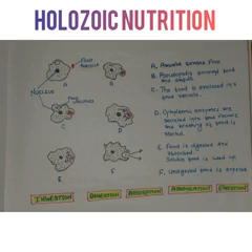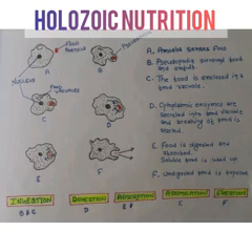Undigested food materials can be harmful for the body, so there is a need to remove these materials from the body. So amoeba finally removes the undigested food from the body. That is called egestion. This is the process of holozoic nutrition in the amoeba.